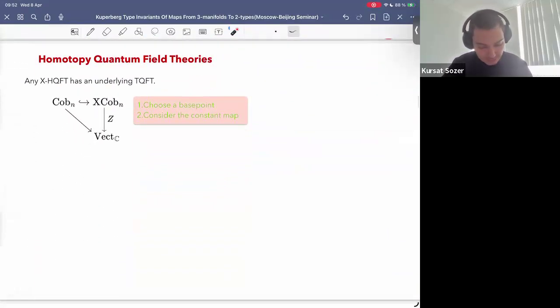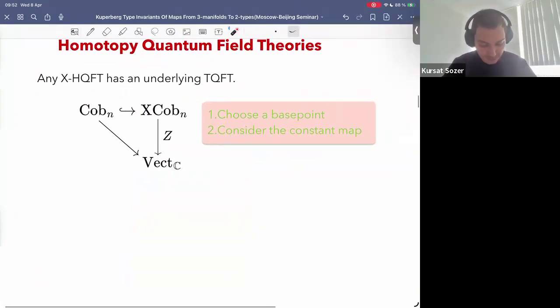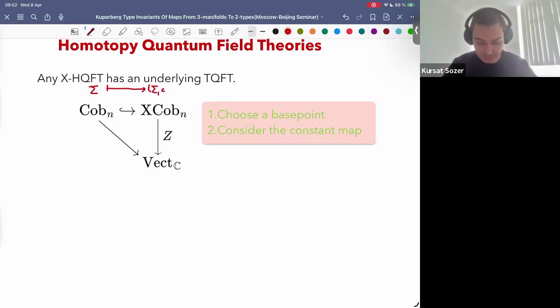So I told you this category is way larger than the usual cobordism category. How, you may ask? Because if we take any object, we can embed it in here by just a constant homotopy class, a constant map.